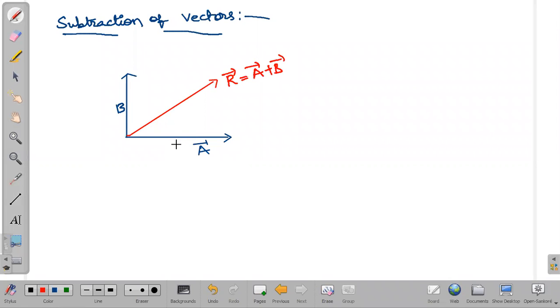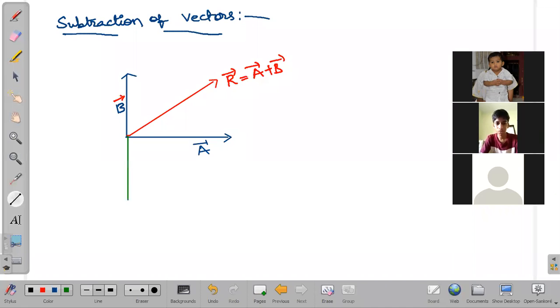Suppose I wanted to subtract the B vector. Then we have to take the negative vector of B. A negative vector is one in the opposite direction. So this is our negative vector of B: same magnitude, but in the opposite direction of vector B.